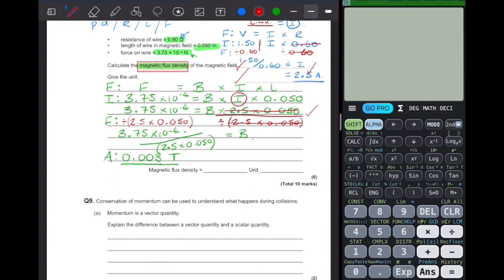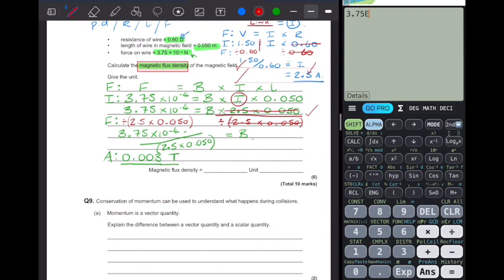I rearranged it by dividing both sides by 2.5 times 0.050, and I ended up with 3.75 times 10 to the minus 4 divided by 2.5 times by 0.050. So let me just do that again. So 3.75, and I have to use this exponential button here, which is a bit annoying, but it's the same thing as the times 10 to the x button on your calculator.